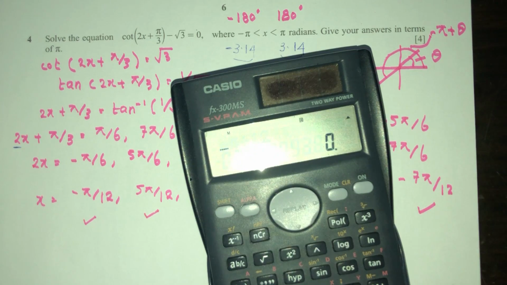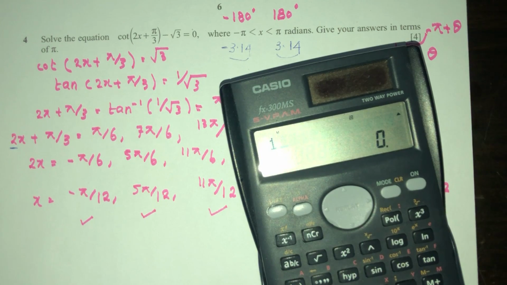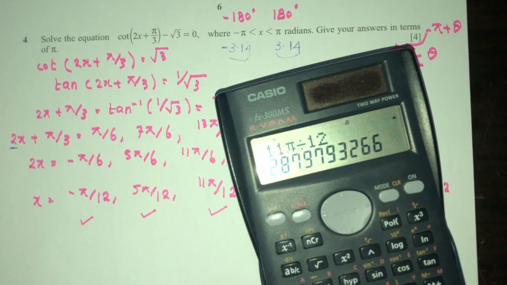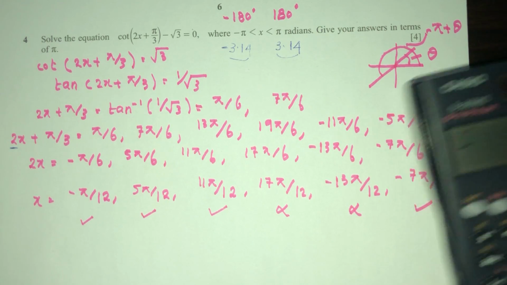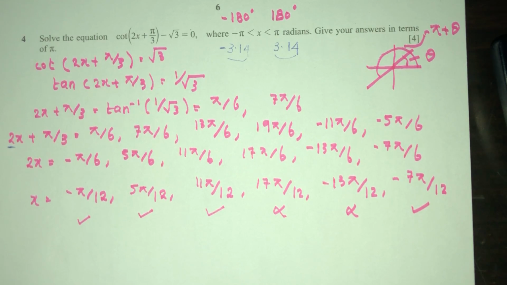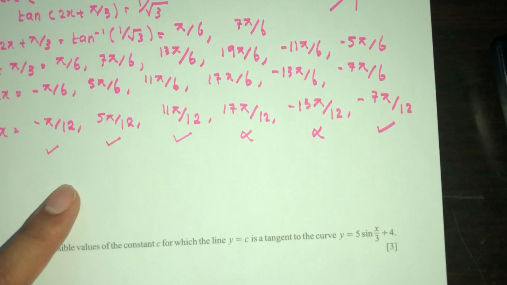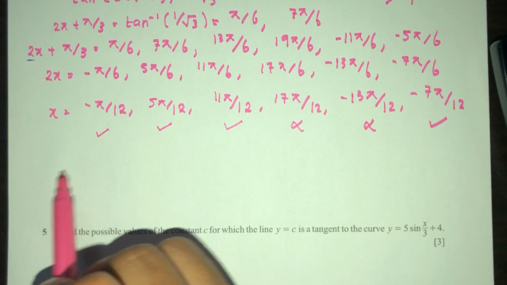What is this one? This one is 5 pi divided by 12. It is 1.3. It is inside, correct. Now this one, 11 pi over 12, that will be, again, inside, that is correct. So as you can see, this is also how you can check if these values are between that domain. So you will end up with these values. So finally, let's write them in order of size.